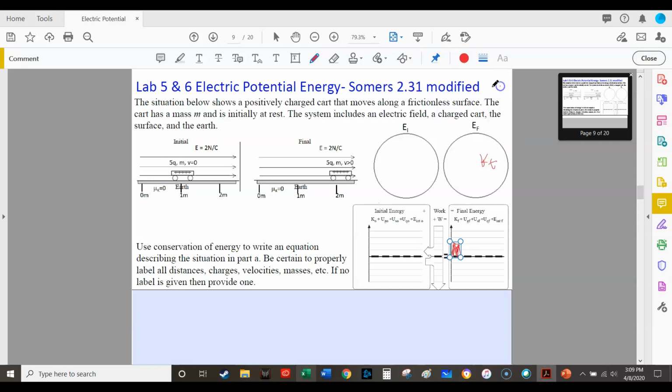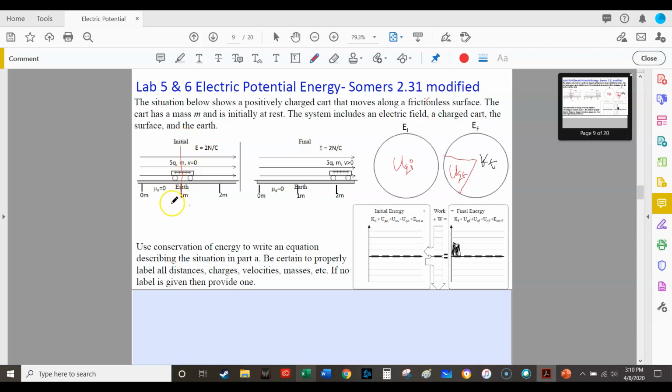And then let's go ahead and draw the potential energy. So initially it had an initial potential energy, and here it had a final potential energy that was smaller because the voltage is dropping off. It's decreasing as a positive charge moves downhill.